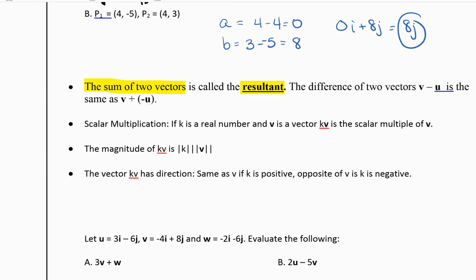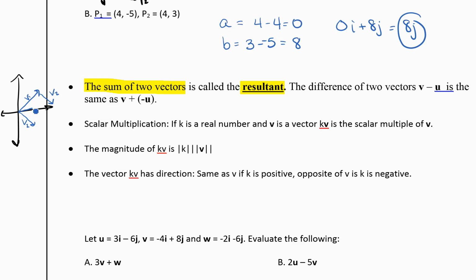Now, to show you what that means, if we have two vectors in standard position, so let's say this is v1 and this is v2, then to add them together, what you think of doing is attaching v2 to the end of v1.